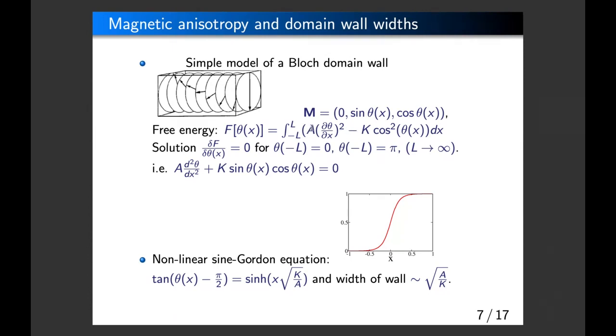You've got the term coming from the exchange, the energy cost for how the magnetization varies throughout the system, and then this piece coming from the anisotropy. It's some coefficient capturing this effect, and the cosine squared of the angle between the magnetization and some crystallographic direction. In this case, it's just the z direction.